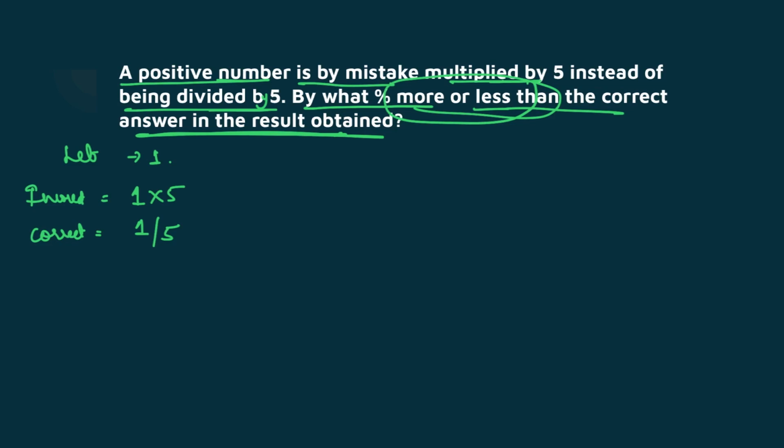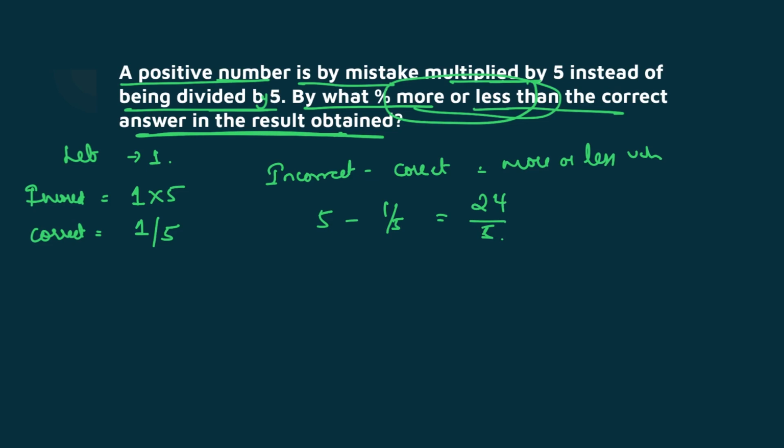So instead of dividing incorrect by correct, here we should subtract incorrect minus correct to obtain this more or less value. So 5 minus 1 by 5, which is nothing but 24 by 5.